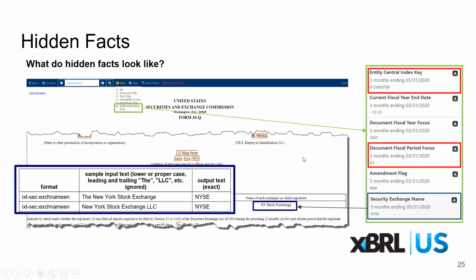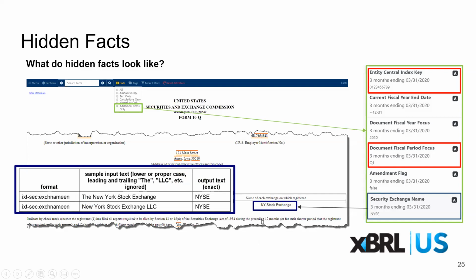And that is, for example, the exchange name. Now, exchange name can usually be tagged inline without the use of the hidden section. In this example, for the New York Stock Exchange, the proper XBRL value would be NYSE, and there are transformations included for a couple of variations of how that exchange name may appear on your cover.